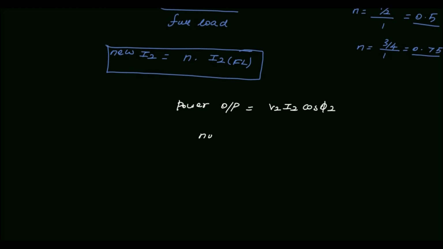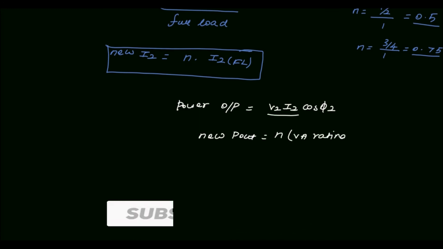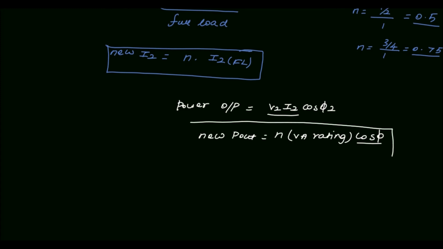So the new power output will be n into V2 I2, which we can write as the VA rating of the transformer, so n into VA rating into cos phi, where cos phi is the load power factor.